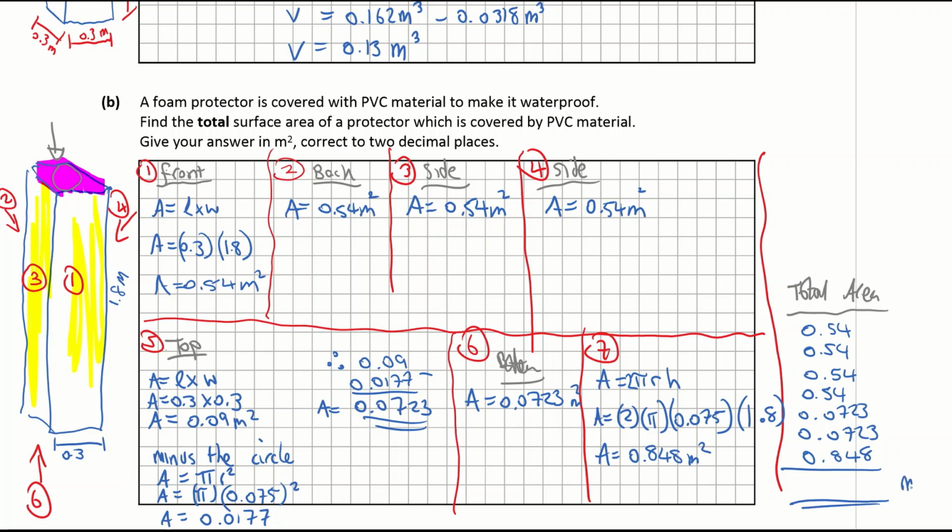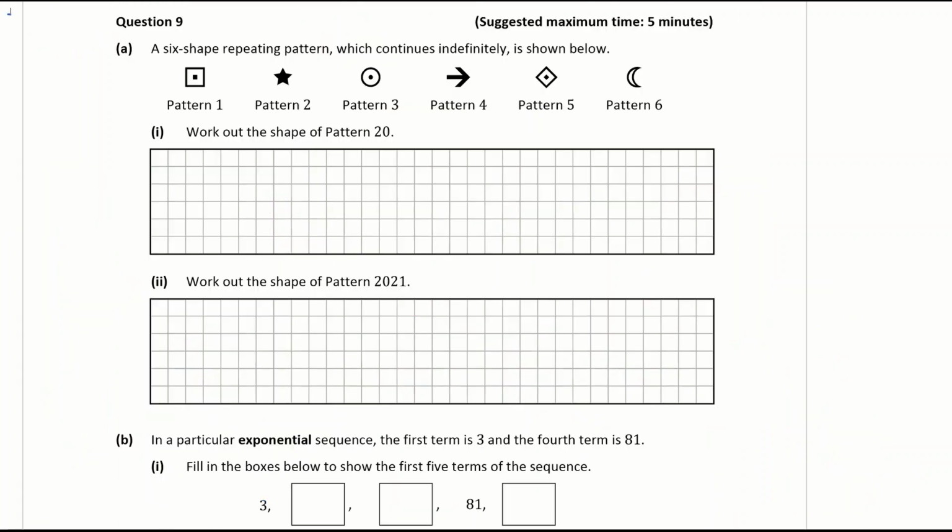Adding them together is going to get me the area, and the question wants it to 2 decimal places. 3.15 meters squared. So that's the total surface area of the protector.